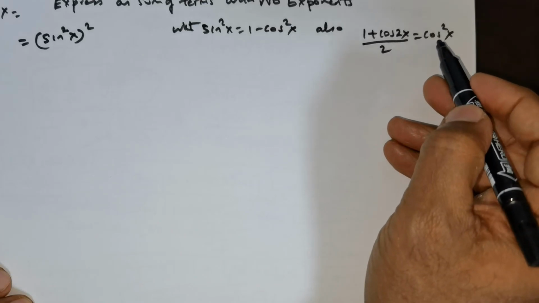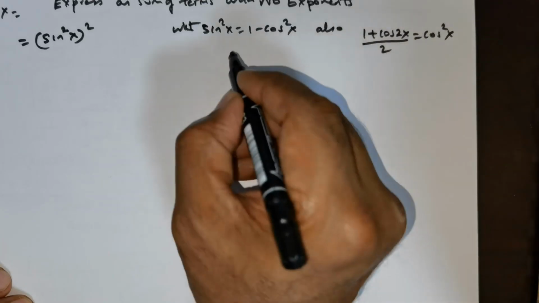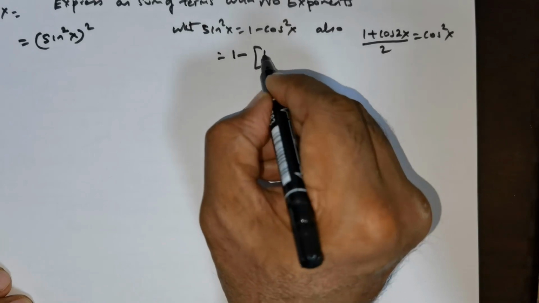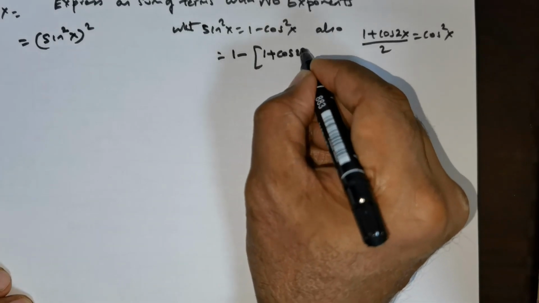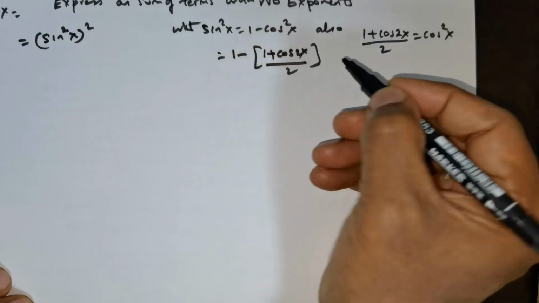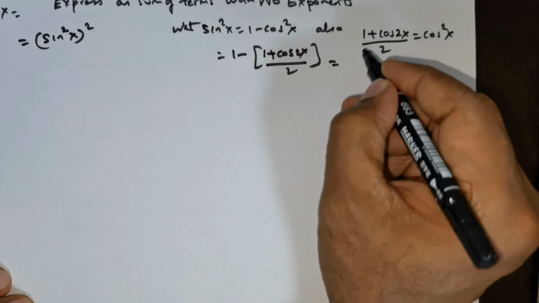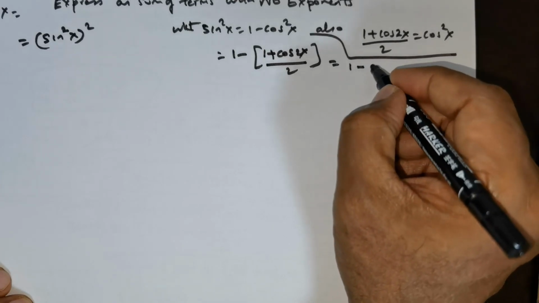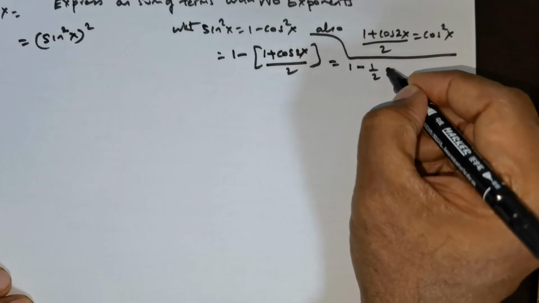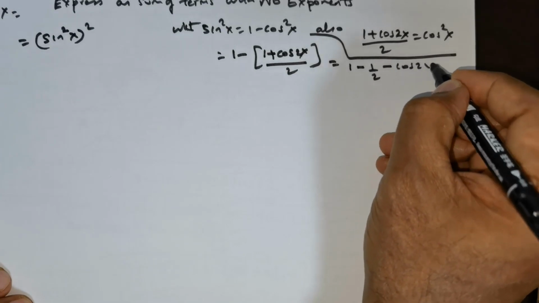So in place of cos squared x I can substitute this. That's exactly what I'm going to do. So this is going to be 1 + cos 2x divided by 2, which can be rewritten as 1 - 1 over 2 - cos 2x.